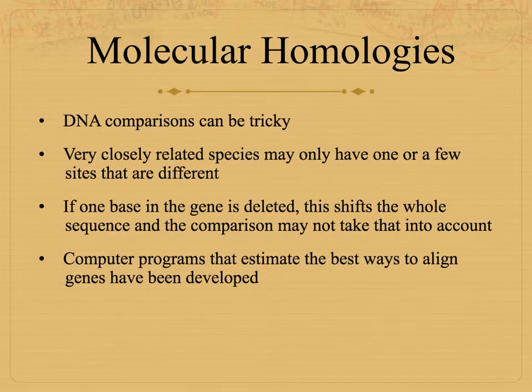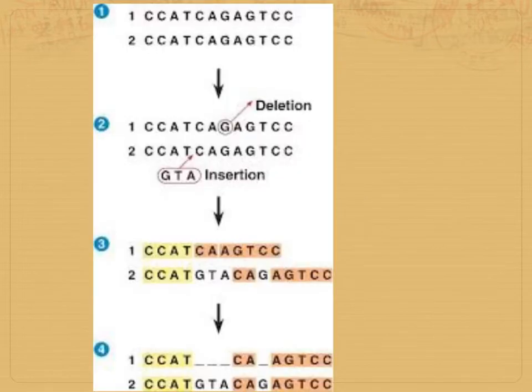So if you're looking at those two sequences, you may not think that they're similar at all, but the computer program is able to pick up on the fact that if we shift everything over one, then now these line up perfectly. So we can see where a deletion occurred and where two organisms may be closely related because of that. So here's an example of that.